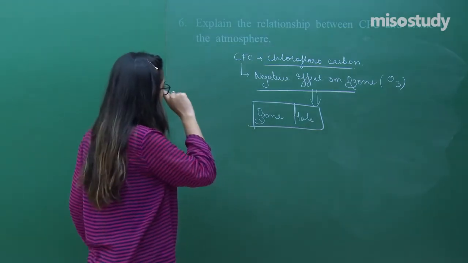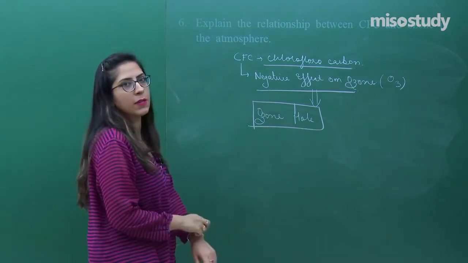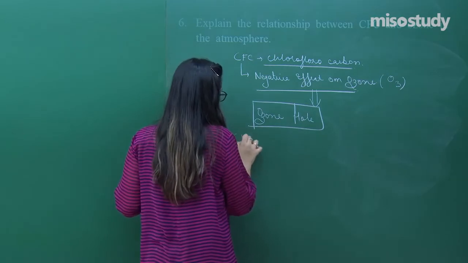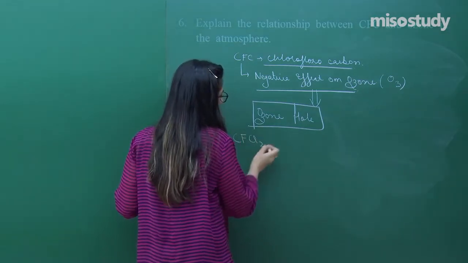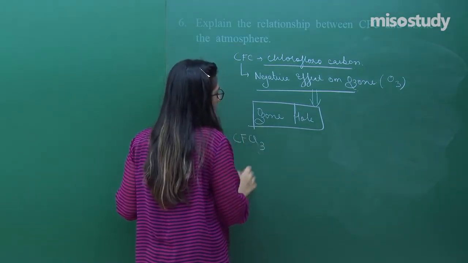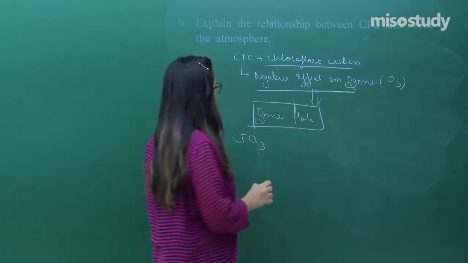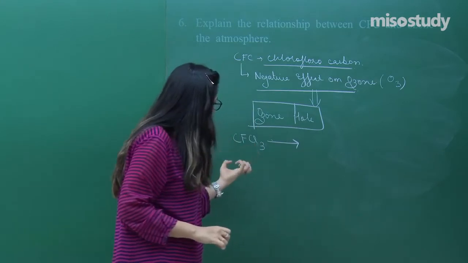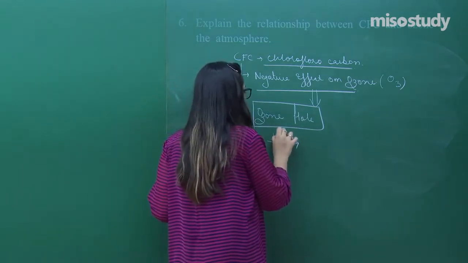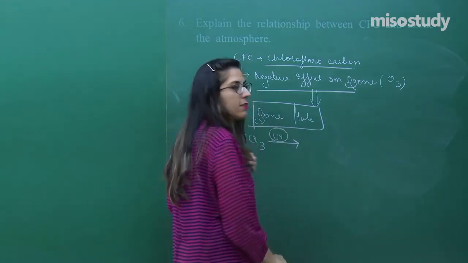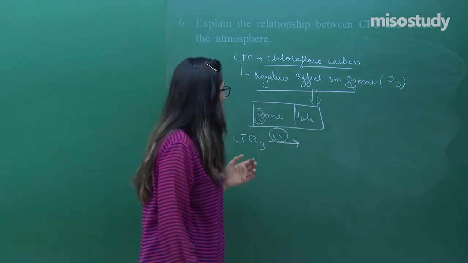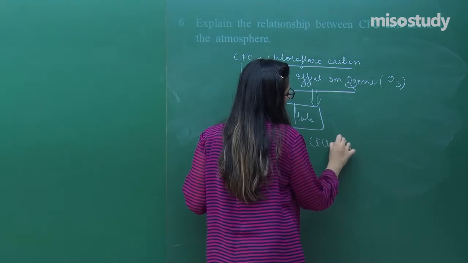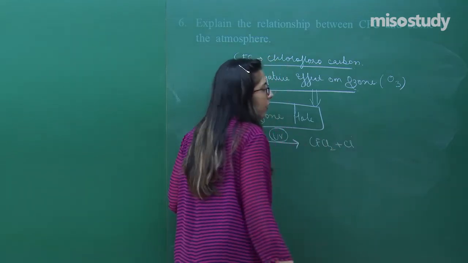Now let's see how this chlorofluorocarbon acts on the ozone. This is called a chlorofluorocarbon, right? When in the atmosphere the sun rays, the UV rays, fall on it, these chlorofluorocarbons degrade and produce molecular chlorine.